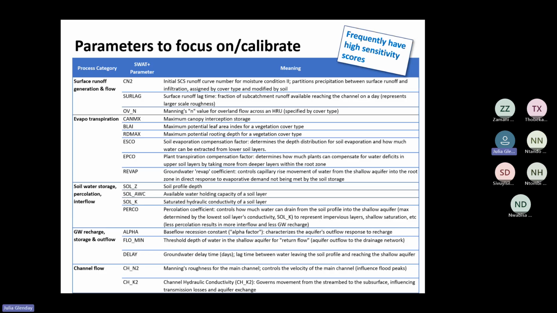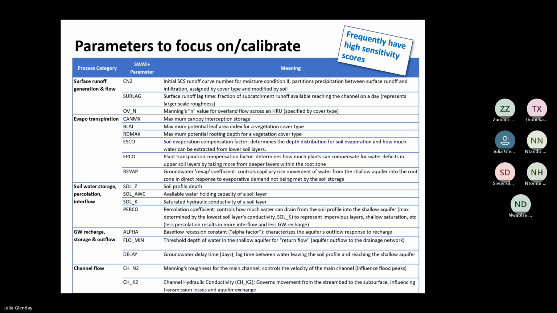And then from the groundwater point of view, once water's in the aquifer, there are parameters that control the recession constant, the threshold depth at which you start getting flow out of the aquifer, and the delay for the flow coming out.